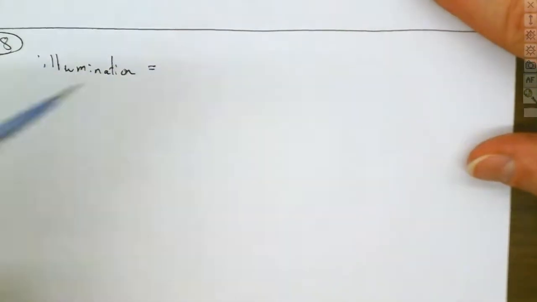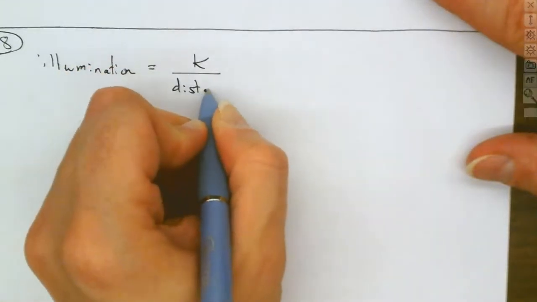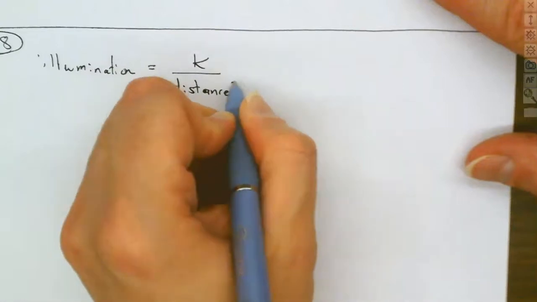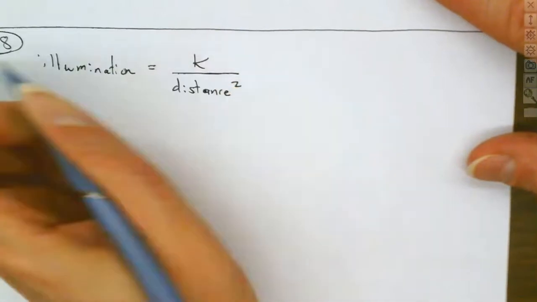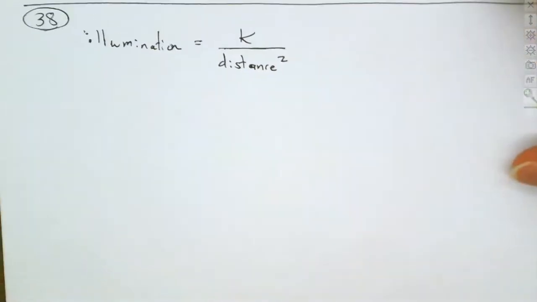Illumination is going to equal K over the distance squared. So there's our formula. Now we've got to plug in the values. So what do we know? It says the illumination of a light source at 5 meters is 70 candelas.